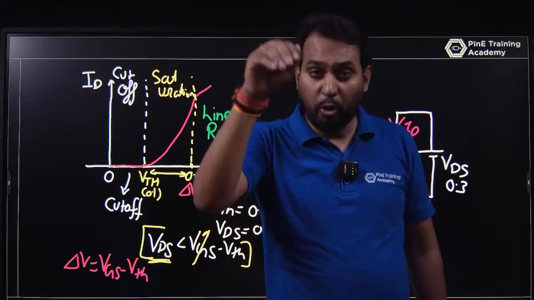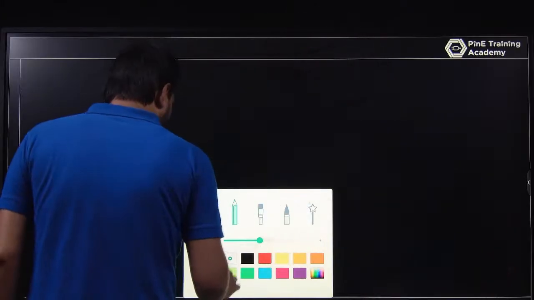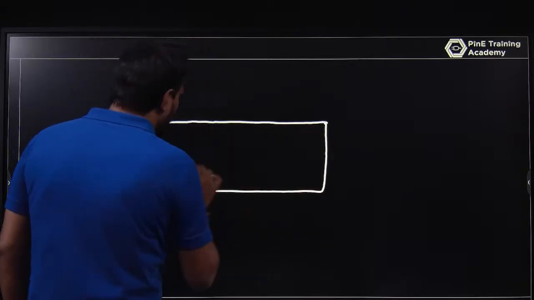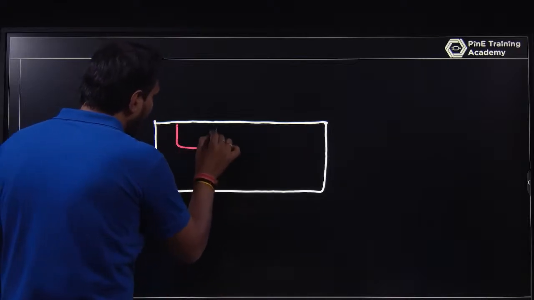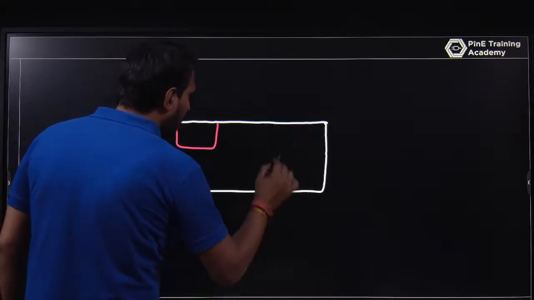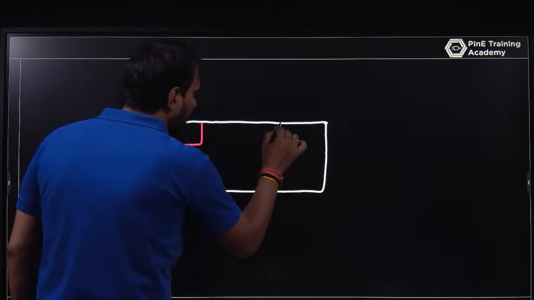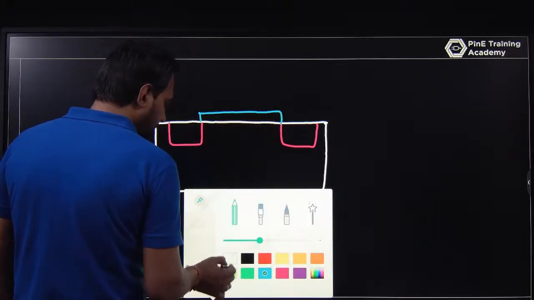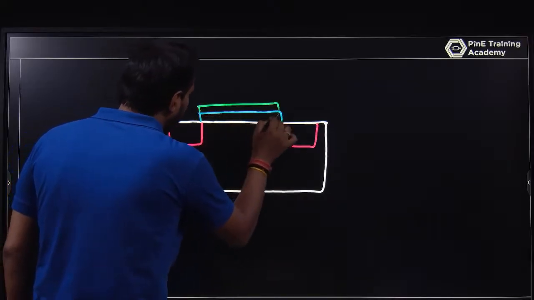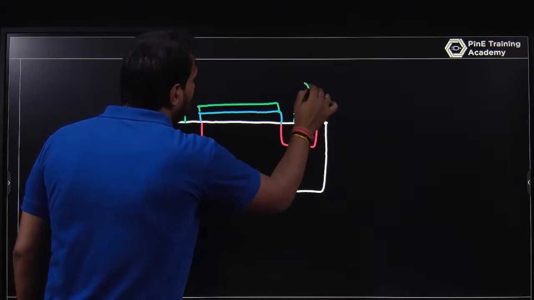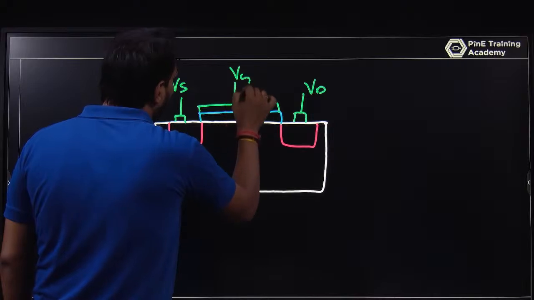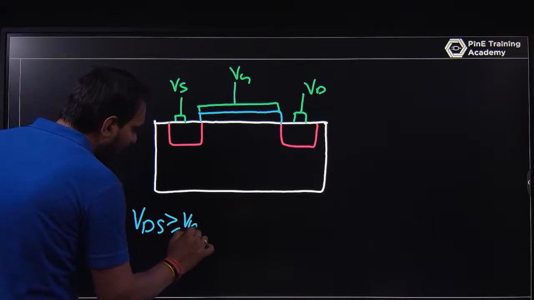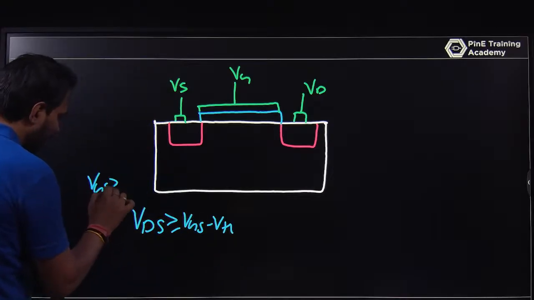Why? Just think in a way: you are providing drain voltage, source voltage, and gate voltage in such a way that VDS is greater than or equal to VGS minus VTH, and of course VGS should be greater than or equal to VTH.